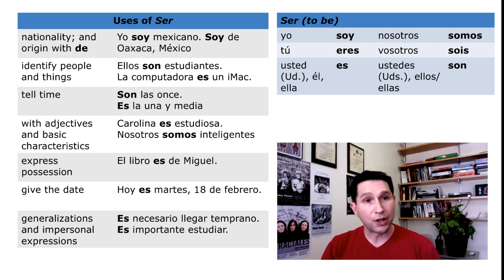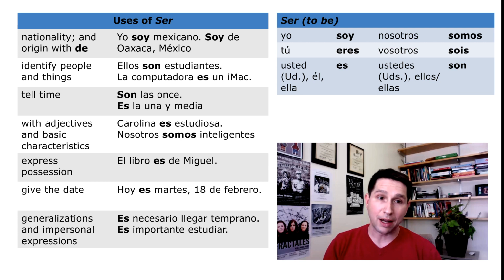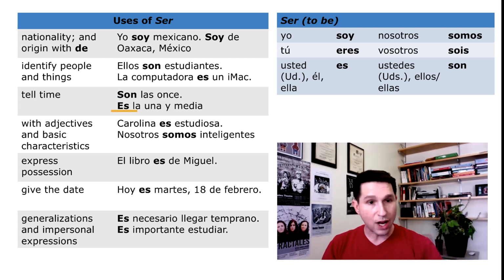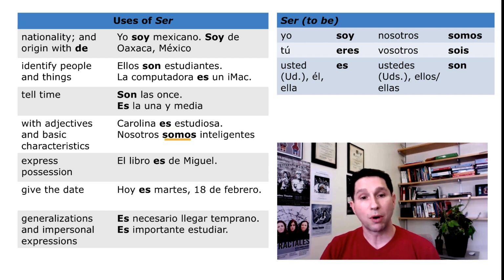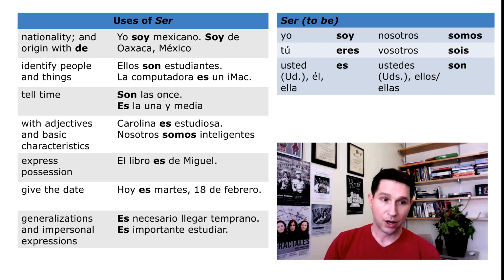A very important use of ser is to tell time. Son las 11. Es la 1:30. We can also use ser with adjectives and basic characteristics. Carolina es estudiosa. Nosotros somos inteligentes. We can also express possession, as you will see later in the module.